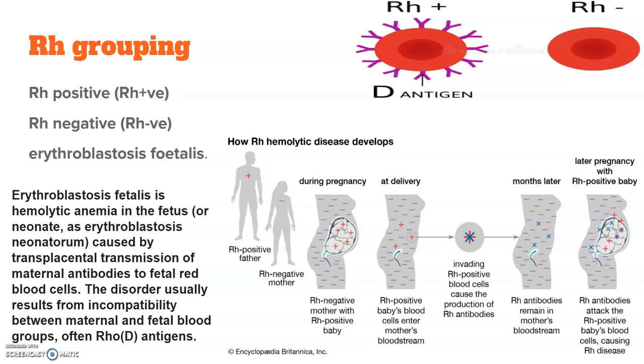So this could be fatal to the fetus or could cause severe anemia and jaundice to the baby, and this condition is called erythroblastosis fetalis. It is a hemolytic anemia in the fetus or neonate, caused by transplacental transmission of maternal antibodies to fetal red blood cells, and this disorder usually results from incompatibility between the maternal and the fetal blood groups when the Rh antigen is tested.